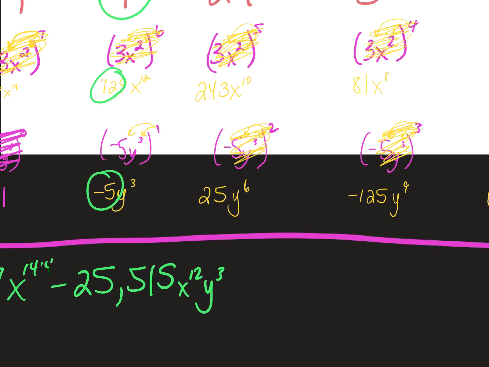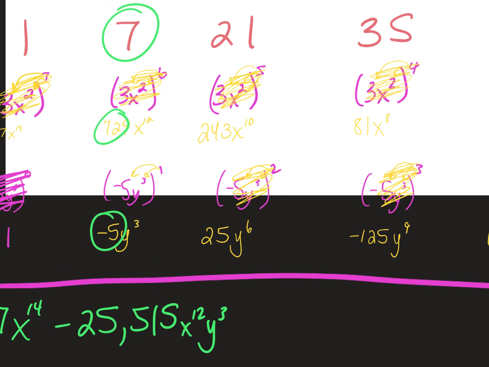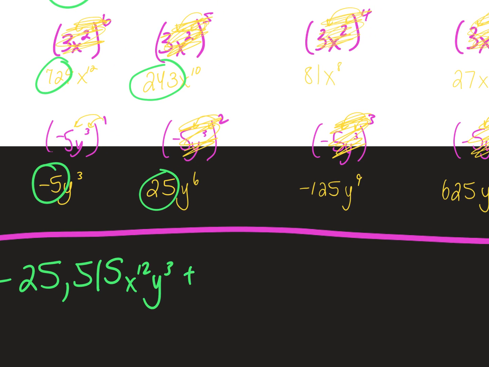Good. So now 21 times 243 times 25. 127,575. Okay, big deal. That's fine. 127,575, X to the 10th, Y to the 6th. Good.